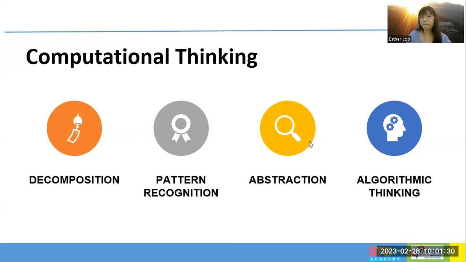When we talk about pattern recognition, we're reviewing how a previous solution can help to solve similar problems. Abstraction is identifying and focusing on relevant details that can affect the solutions. And lastly, algorithmic thinking is using a sequence of steps to solve problems.